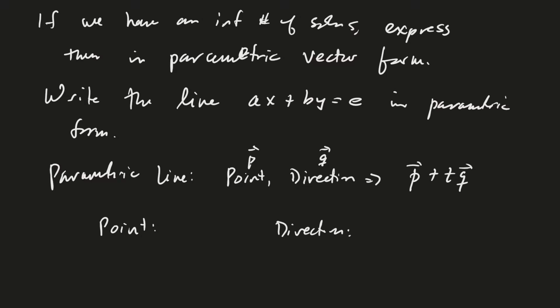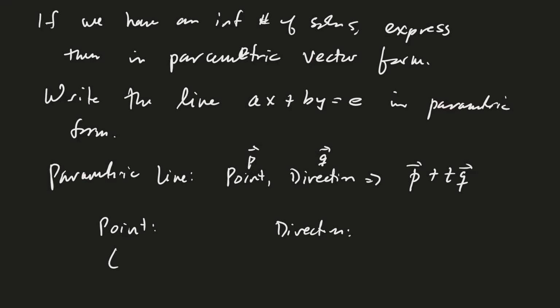So I can take any point on this line. Is there a convenient point to take on the line? Probably not. Let's see. How about if x is equal to 1? We could just take that one. And then what would y be?